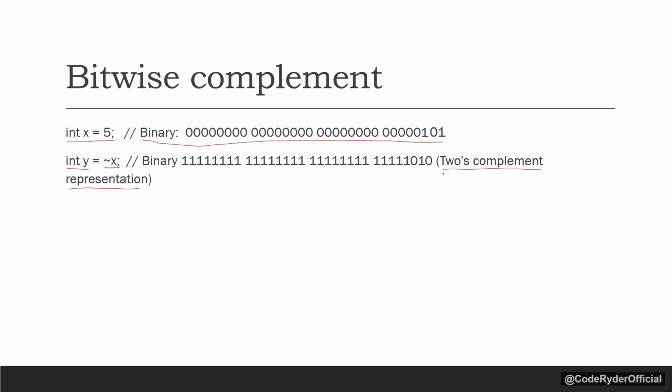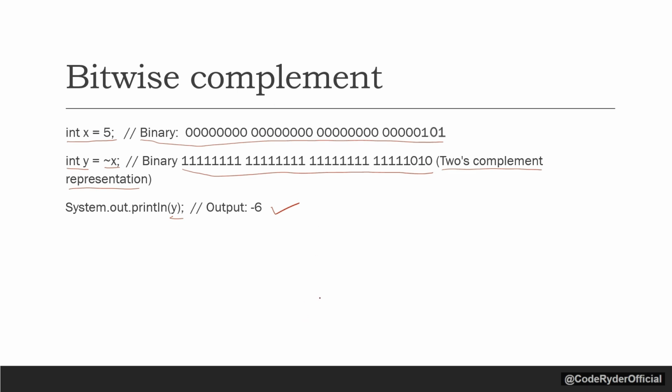That is your 2's complement. And if you print the value of y, it will print minus 6 because this binary value, if you convert it into an integer, is equivalent to minus 6. This bitwise complement operator is rarely used in our day-to-day programming, but at a high level, we should know what it does.